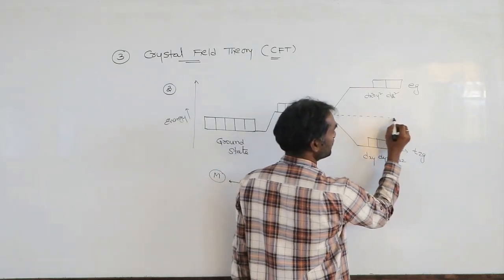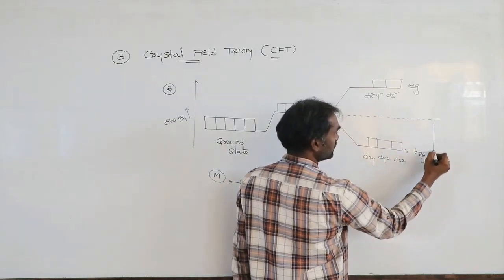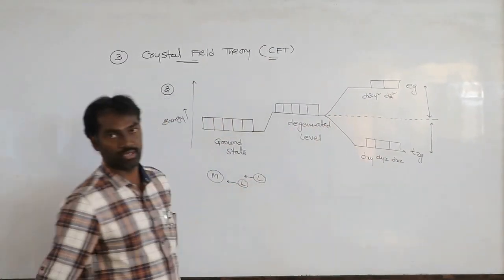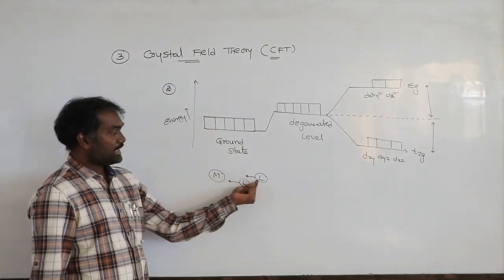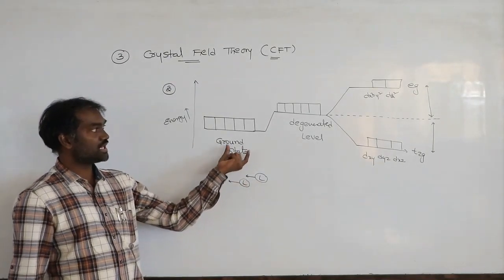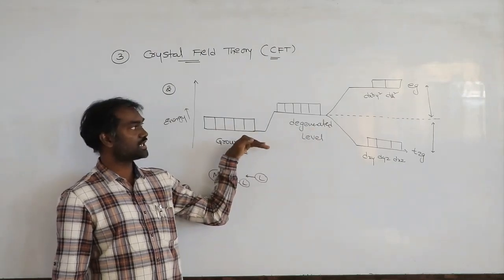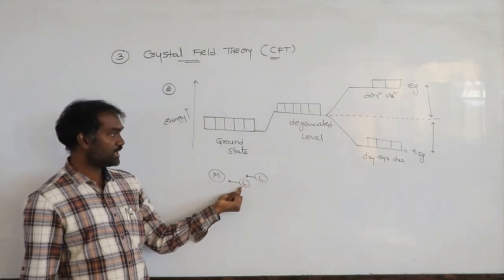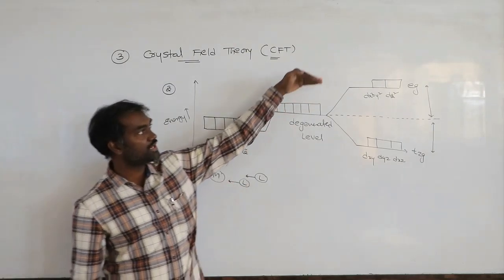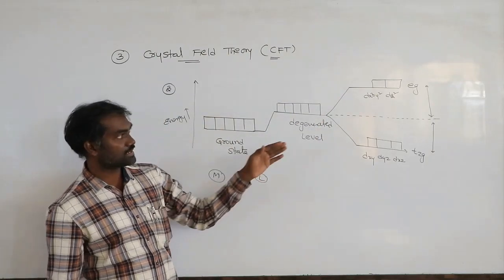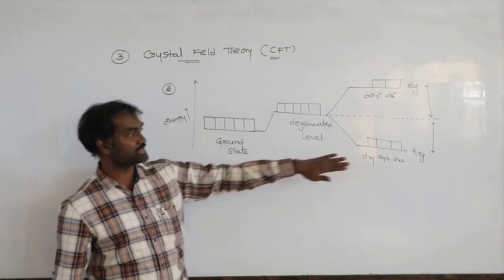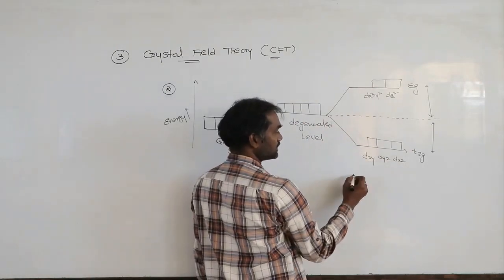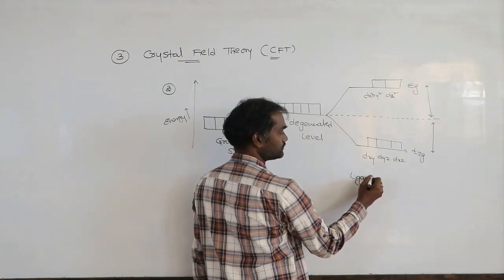This is the degenerate energy level; these go down and these go above from it. When the ligand comes close, the ground state energy increases a little bit. If the ligands come on the axis, EG goes above. If the ligands come between the axes, then T2G goes above.